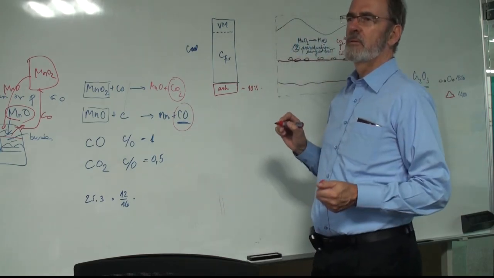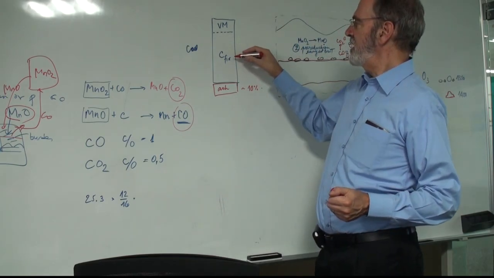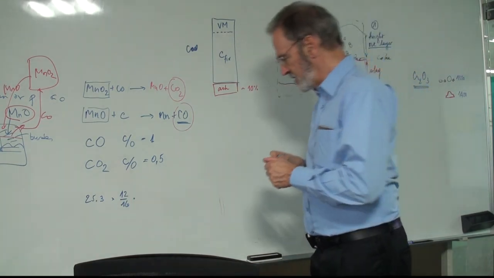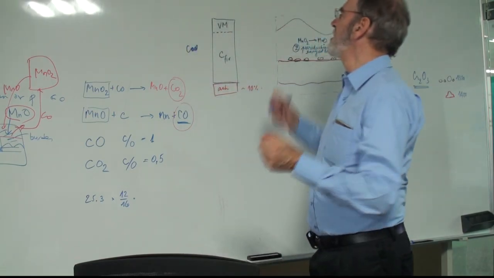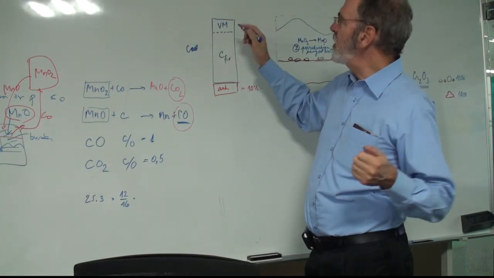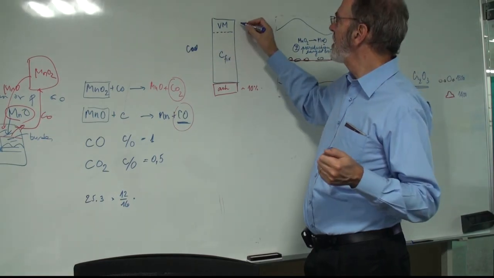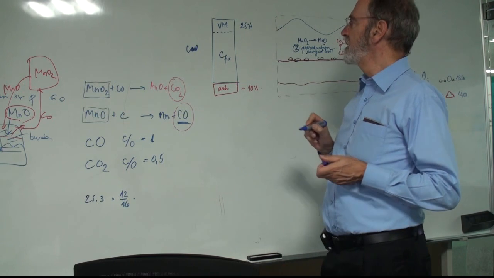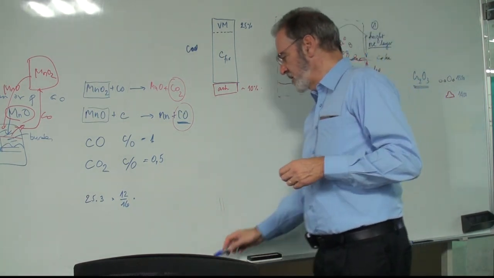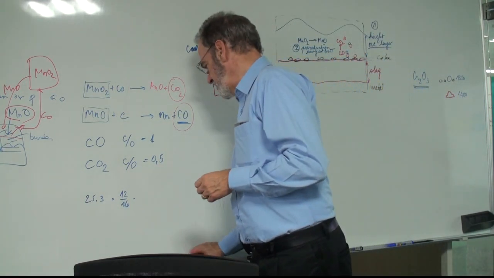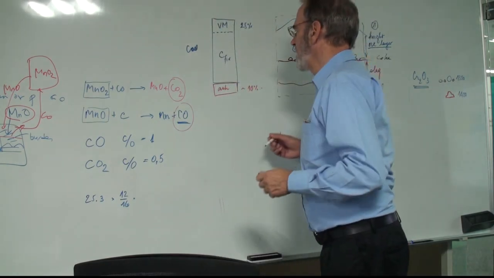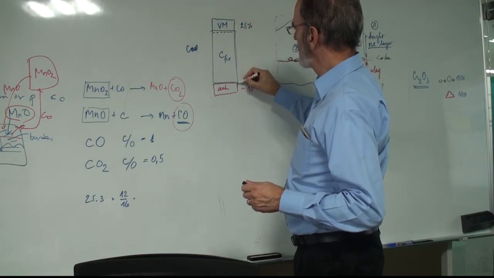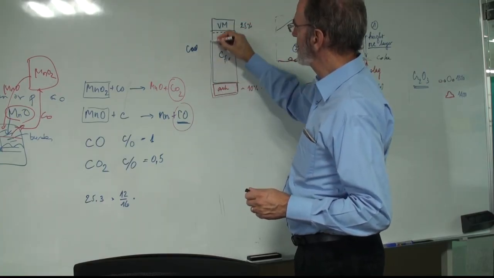About 10% charcoal. The volatile matter is very variable, but to make coke it's about 25%. And this gives coke.